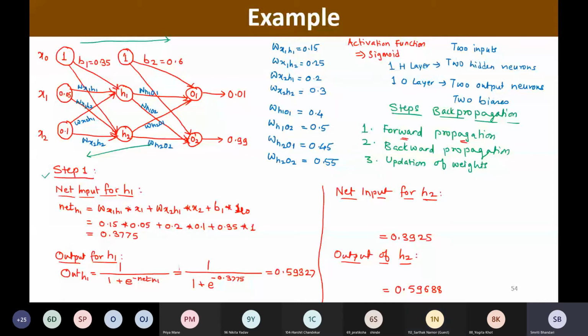Correct, no? So I asked you to compute the input for O1 and output for O1. So whether you have done that? Yes, ma'am. Okay. So let's go through that step now.